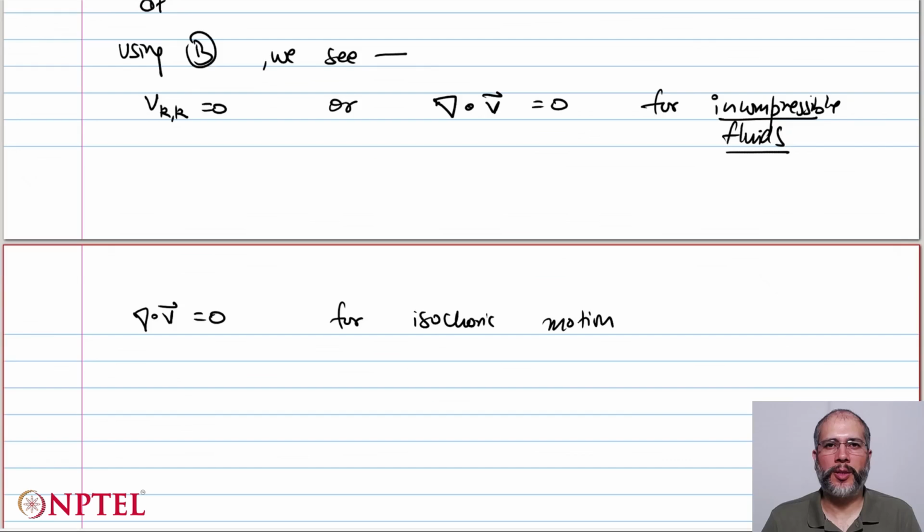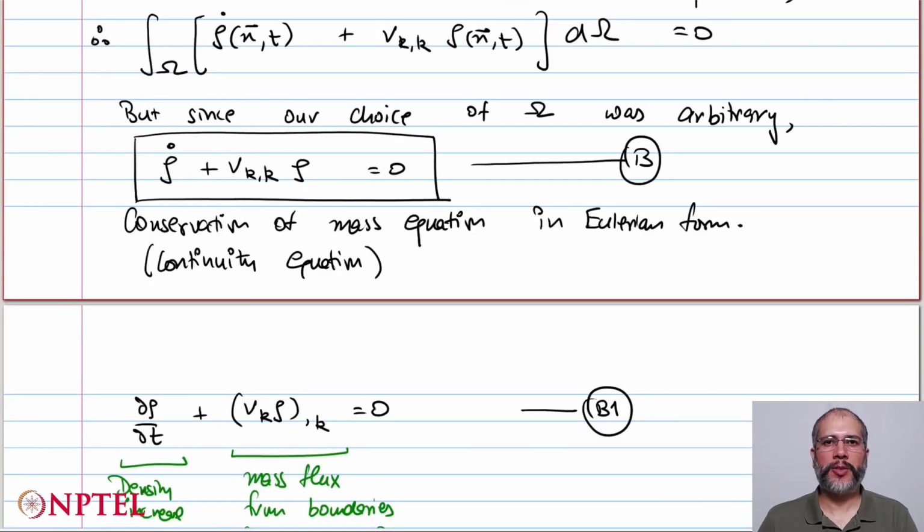Isochoric means constant volume. If for a material particle whose mass is not changing with time, of course, its volume also does not change with time, that basically means its density does not change with time. So we have seen the Eulerian form of the conservation of mass equation. Now we will see the Lagrangian form of the conservation of mass equation.